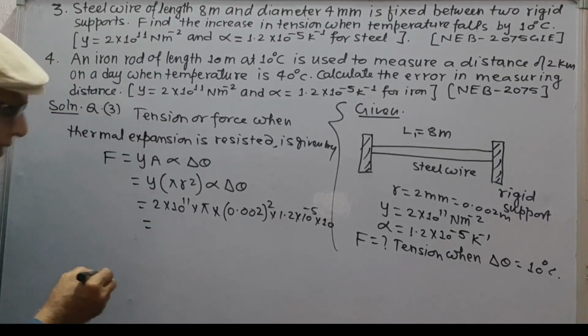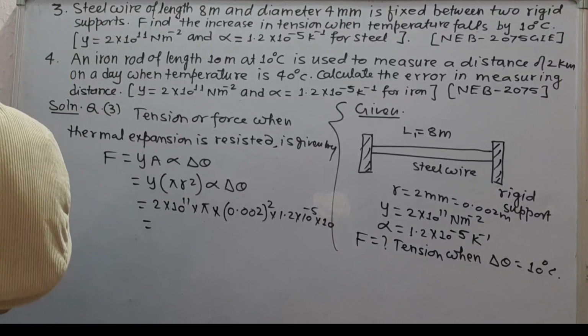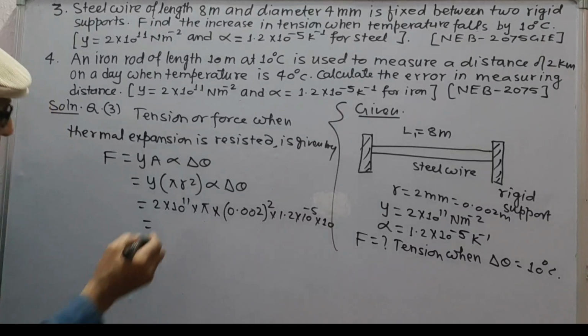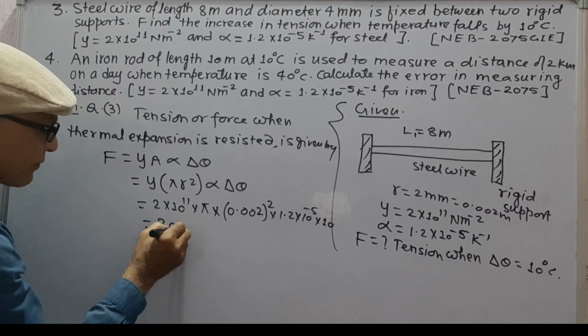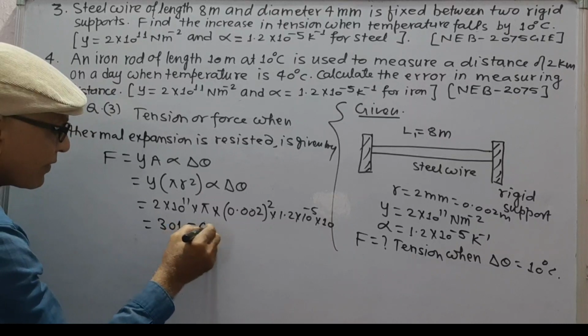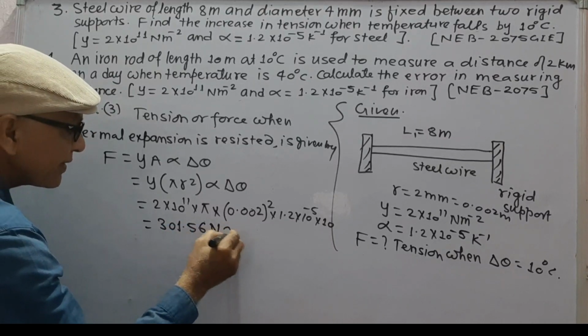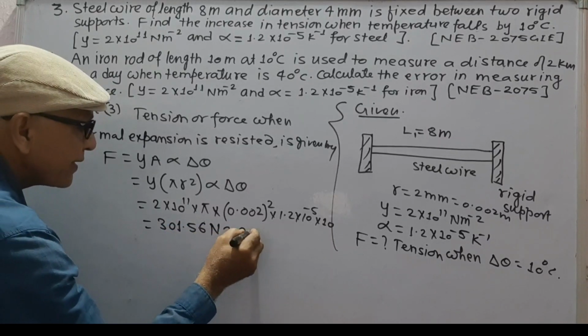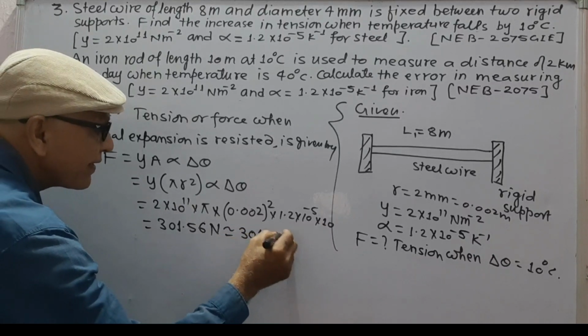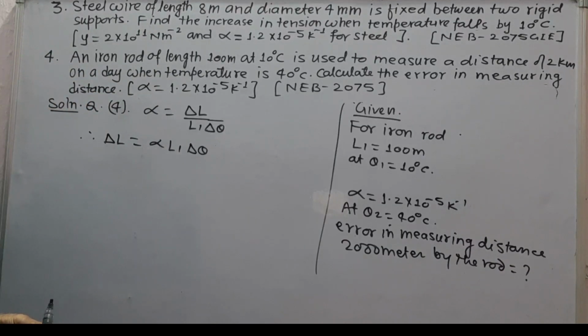On simplification it gives 301.56 Newton, which is nearly 301.6 Newton.